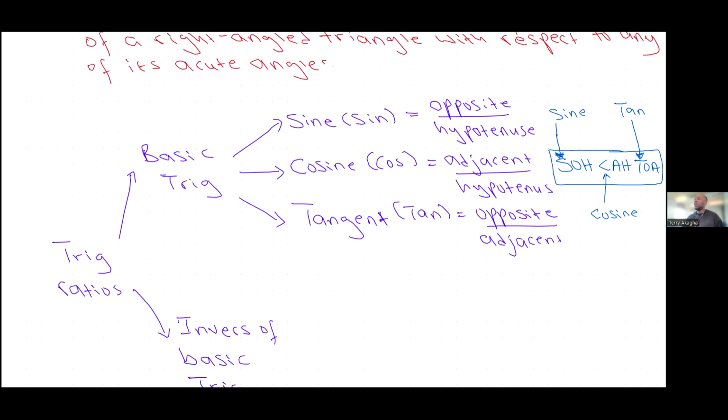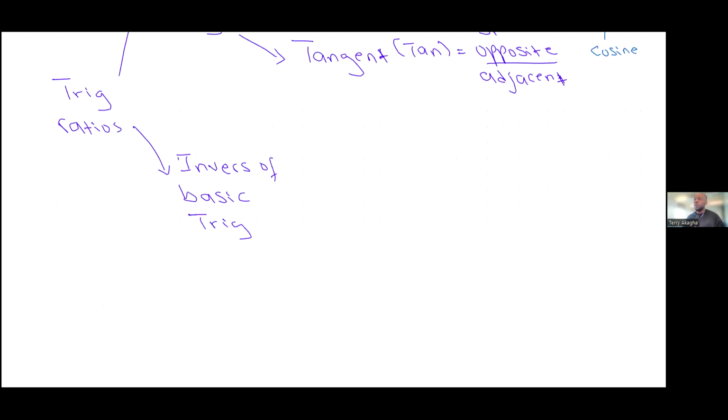Okay, so now let's go to the next one. For the inverse of trig, there are three things we'll also talk about. We'll talk about the cosecant. Some textbooks will write it as cosec, or some will write it as CSC.